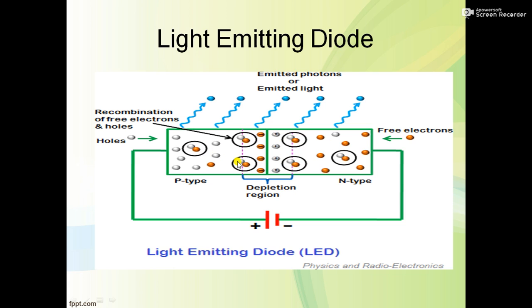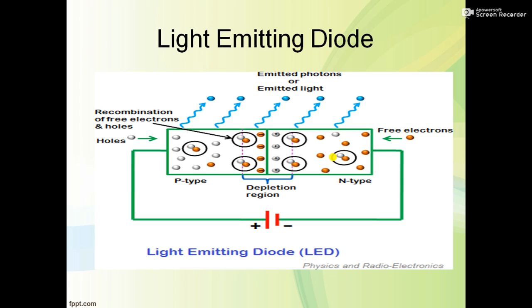When this process happens, some amount of electron hole pairs in both P type and N type semiconductor material are generated. So this is an electron hole pair in P type. It is also an electron hole pair in the N type semiconductor material.